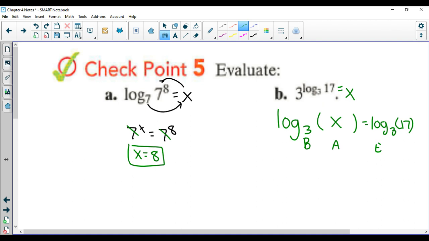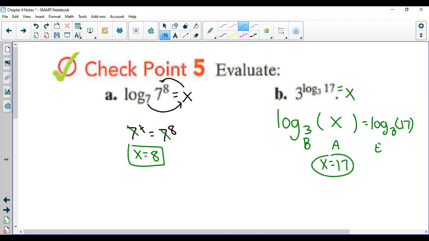So if you look at the left side of that equation versus the right side of that equation, they both have log base 3: on the left, log base 3, on the right, log base 3. On the left side, we have an x inside the parentheses, and on the right side, we have a 17 inside the parentheses. So what does x have to equal, you think? 17, because if the left side equals the right side and everything else is the same on the left as the right, this x has to be the same as what's inside the parentheses, so x equals 17.